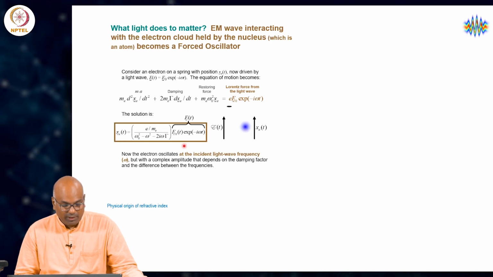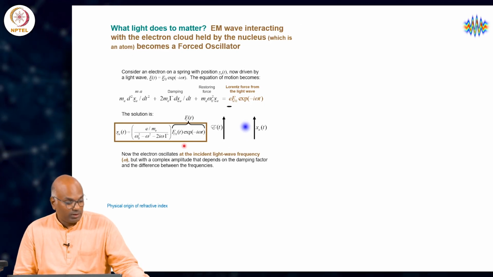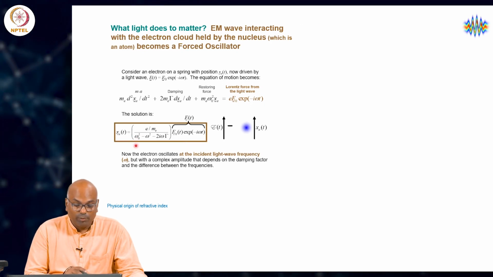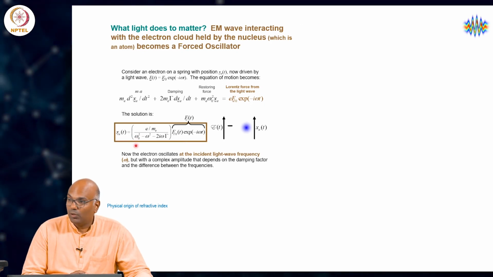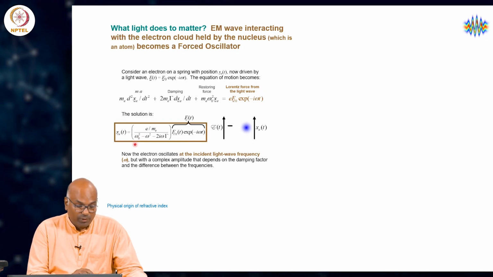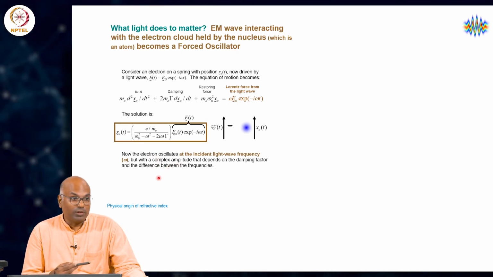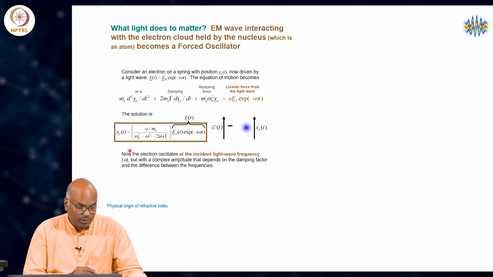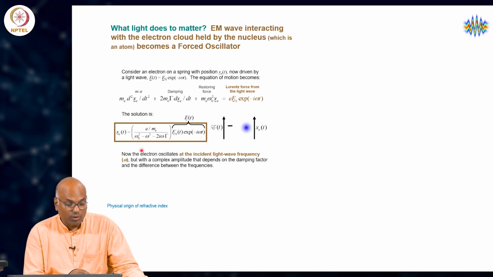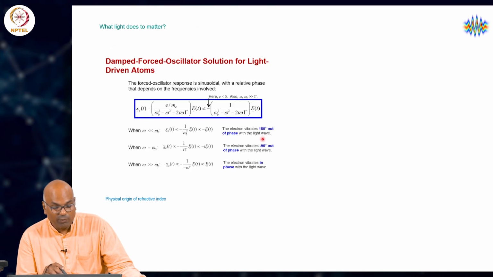So, typically depending upon whether the driving is under damped or over damped about the resonant frequency, omega naught is the natural frequency of this atomic system which is being driven, okay. We also call this the eigen frequency, the resonance frequency and so on and so forth. These are all synonymous phrases describing omega naught, whereas omega without the naught in the subscript is the frequency of the driver or the electromagnetic wave.